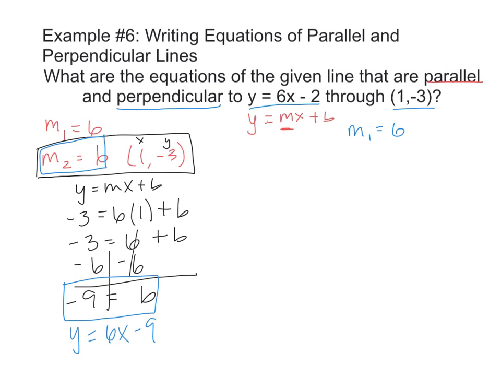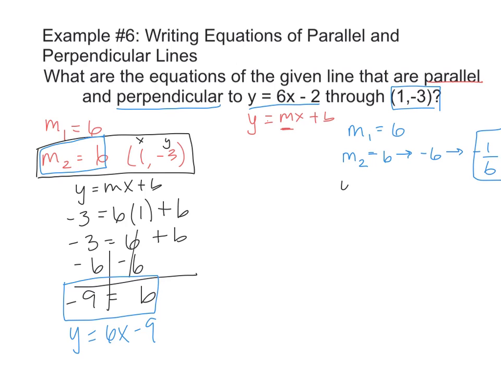So yes, our slope is still 6, but our new slope that we're worried about has to be the opposite reciprocal of 6. So let's go through that process. Originally it was 6. The opposite is negative 6. The reciprocal is negative 1/6. So we will use this slope and this point to write our new equation.